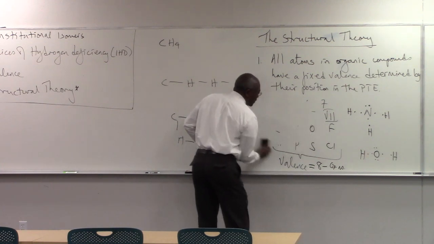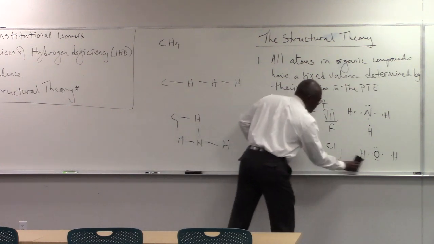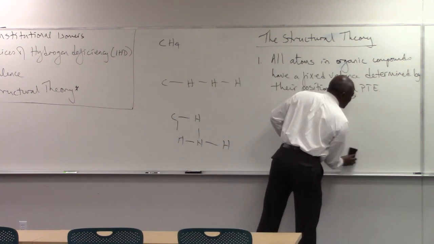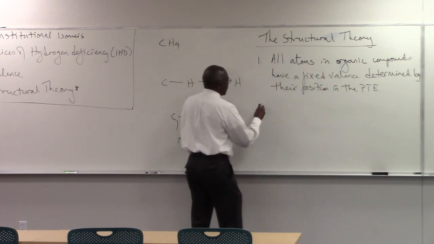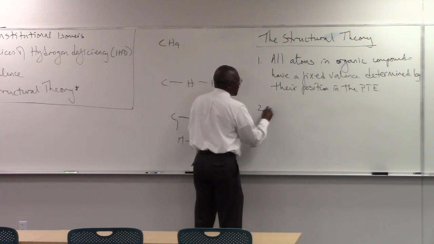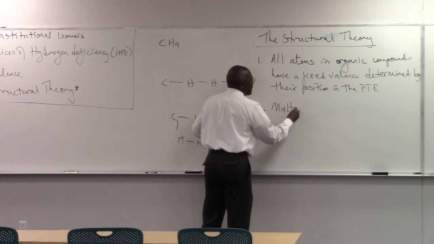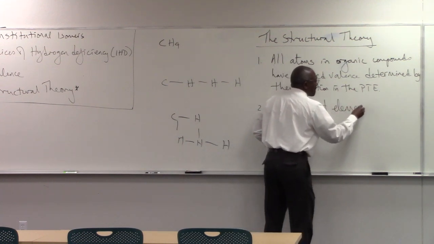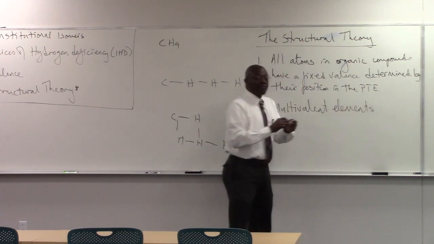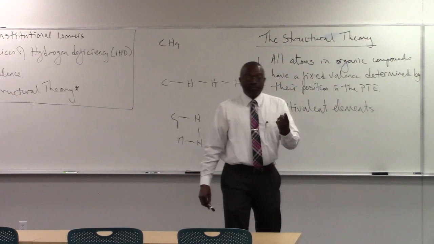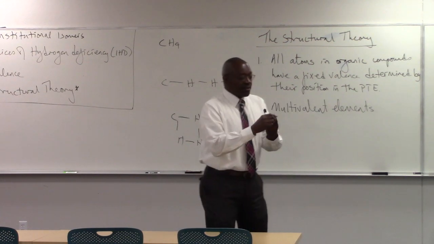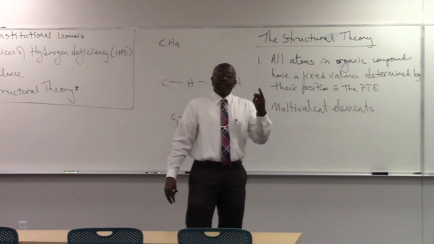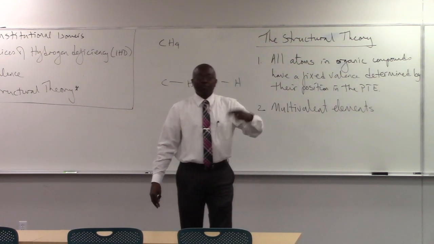The other rule, the other tenet, if you will, of the structural theory is that multivalent elements, in other words, those that have a valence greater than 1, right? So not the halogens and not hydrogen, but the chalcogens, oxygen, sulfur, and so on.